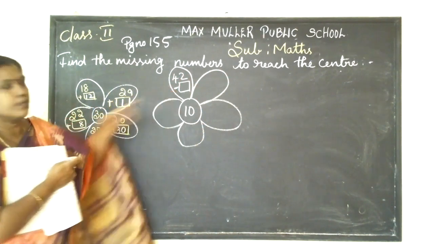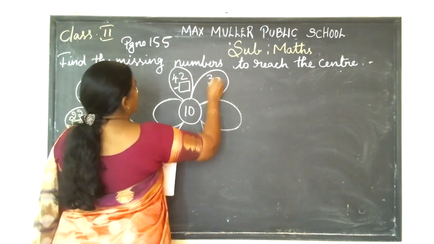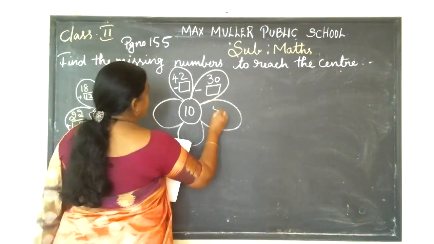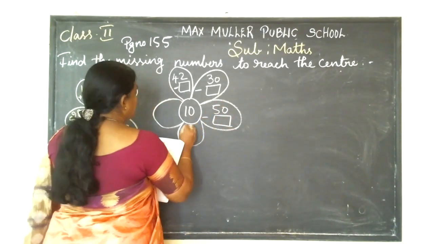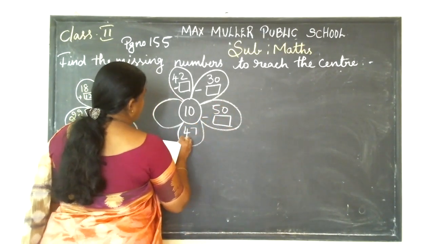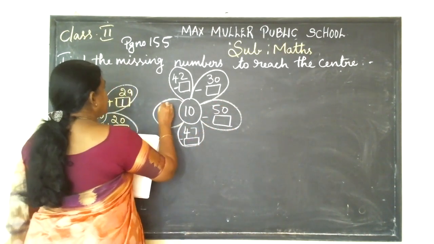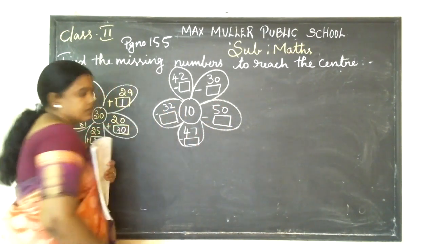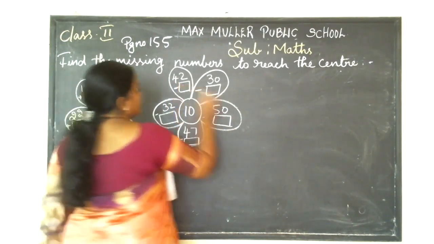Here minus. Minus means you want to take away. 30 minus, 50 minus, 47 minus, 32 minus. See 42, first we will do this.